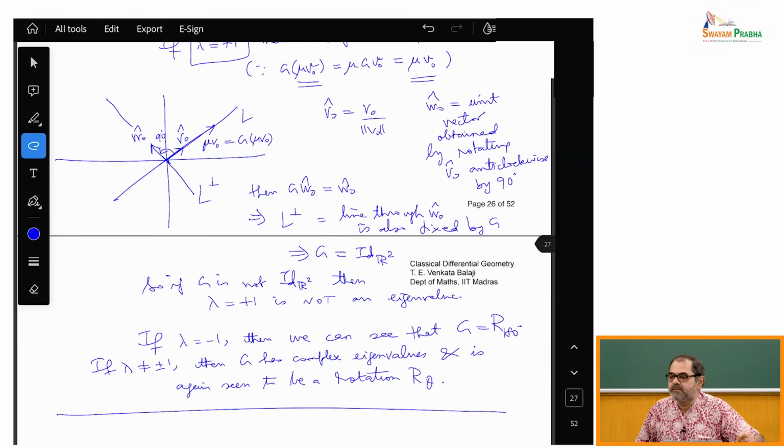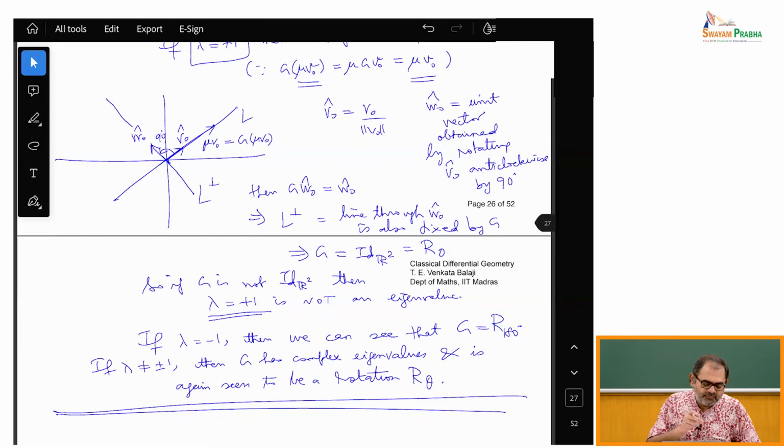So in any case, it's only a rotation, and in the lambda equal to plus 1 case, G is identity of R2, and this is rotation by 0. So in all cases, it's a rotation. So I'll stop here.